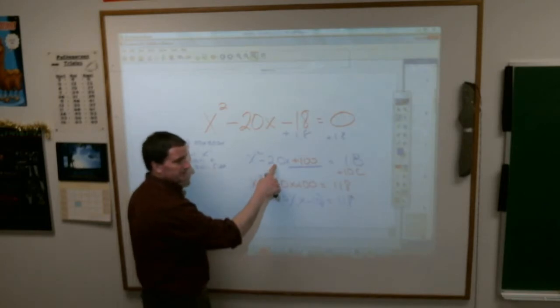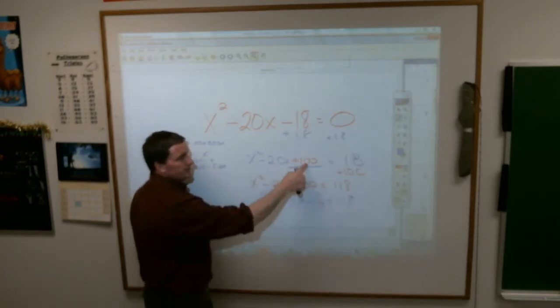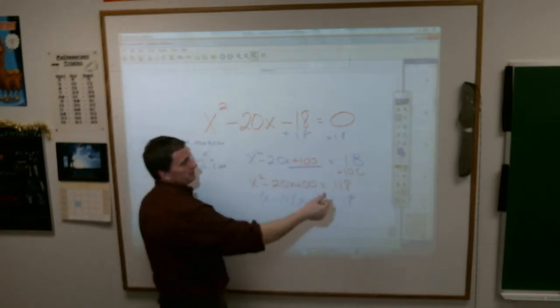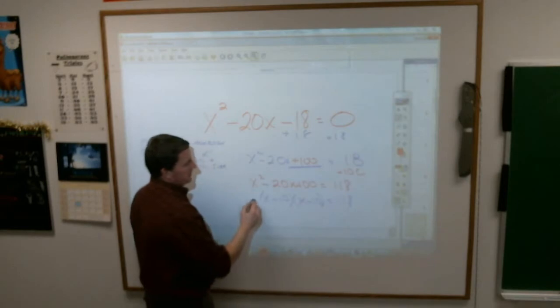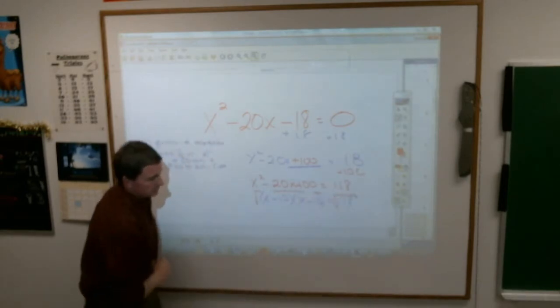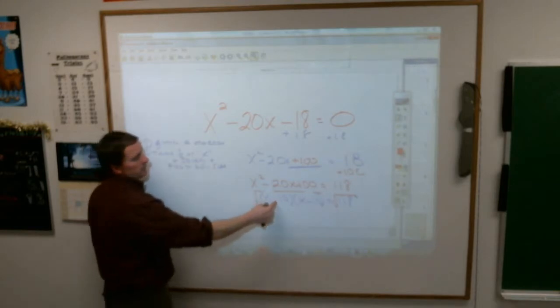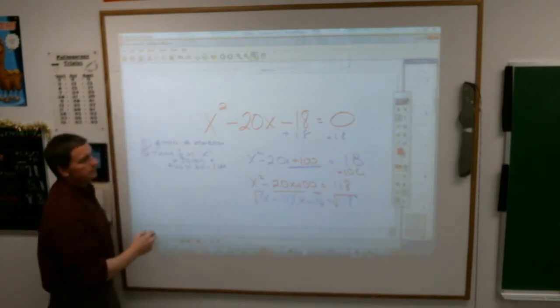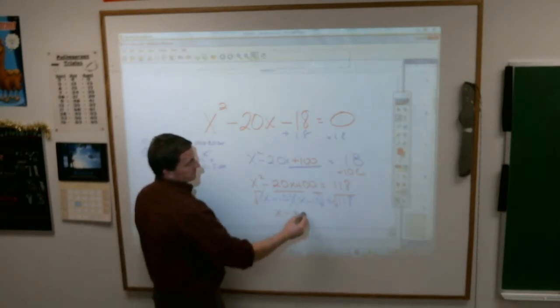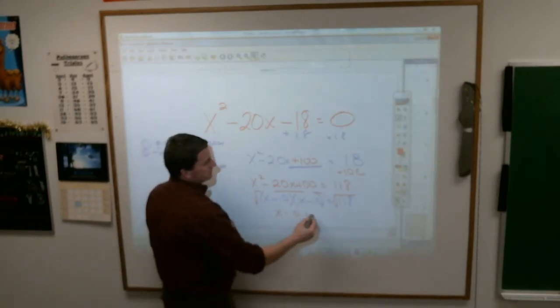What's half of 20? Squared. So 10 times 10. Now once I get my perfect squares, I square root, and I square root. What is the square root of x minus 10 times x minus 10? It's x minus 10. What's the square root of 118?